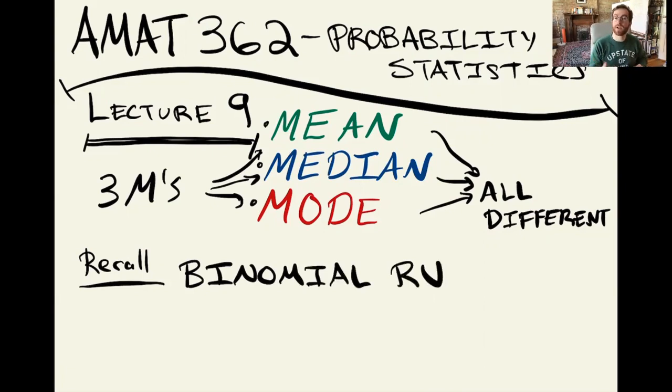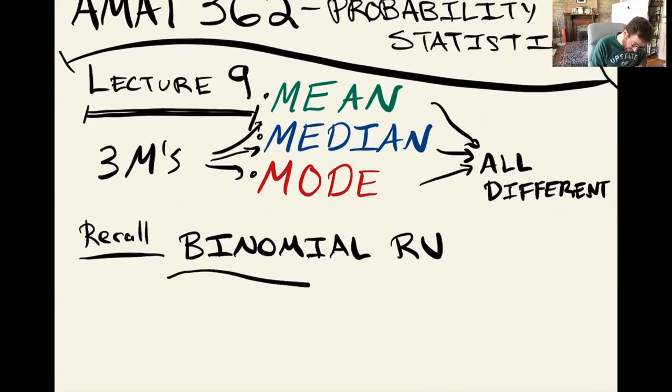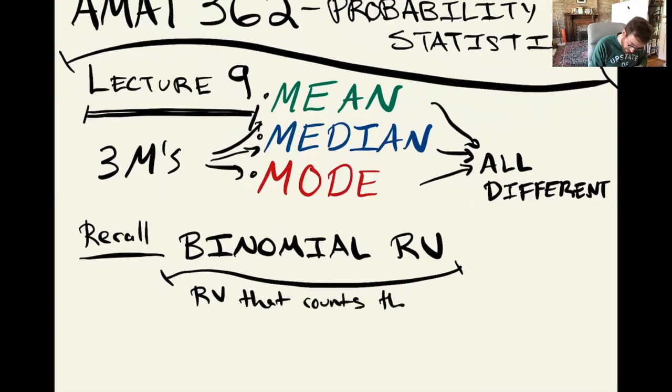This was the random variable which counted the number of successes out of n attempts at something. So suppose you flip a coin 10 times, I'm going to count the number of heads that occur out of those 10 flips. This is the random variable that counts the number of successes out of n tries.